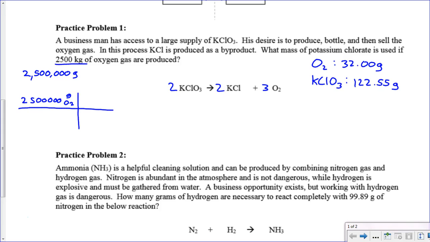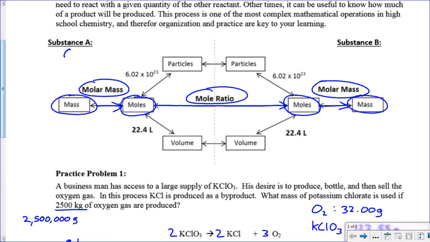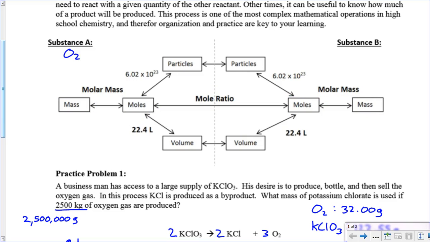We want to get eventually to grams of KClO3, but to get there, we need to go through a few different things. We go from grams of O2, which, if you remember up above, is our substance number 1, to moles of O2. That's this first step here.